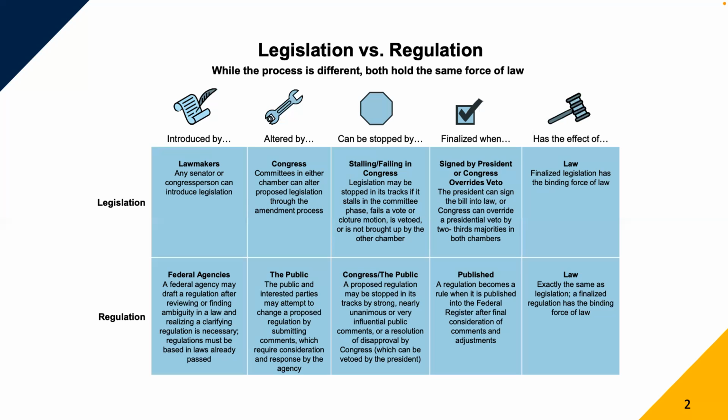The other one is that legislators can actually tell regulators to try and make some kind of regulation, and they do so by passing a law that's broader in scope that regulatory agencies can then take on.